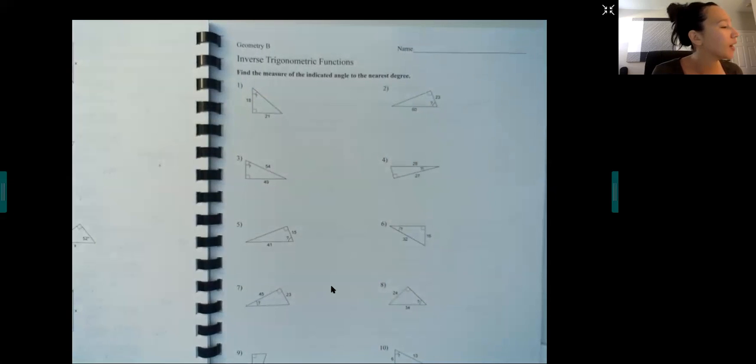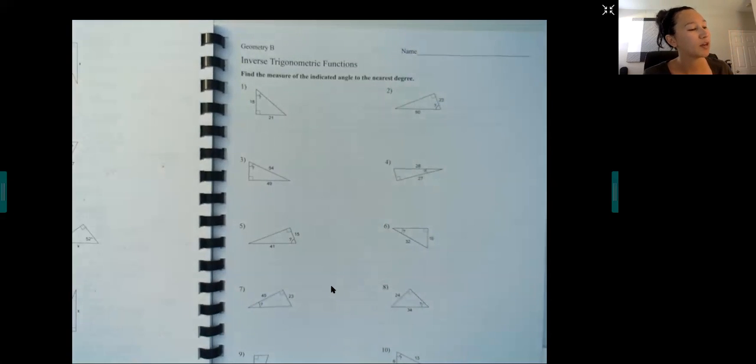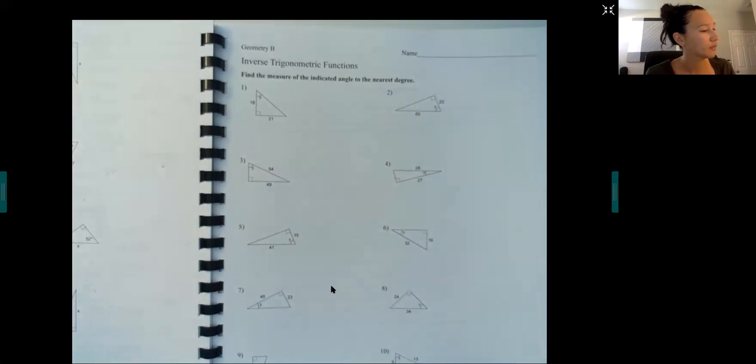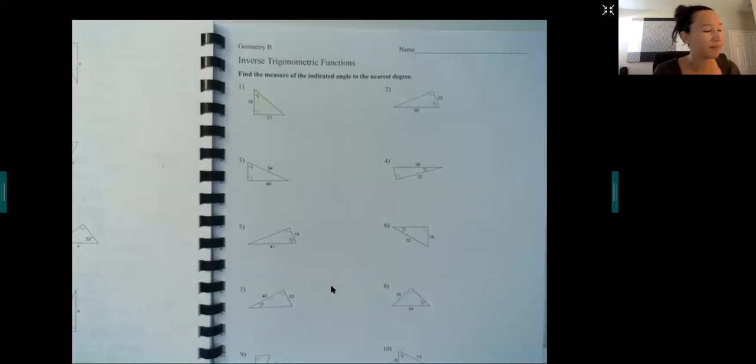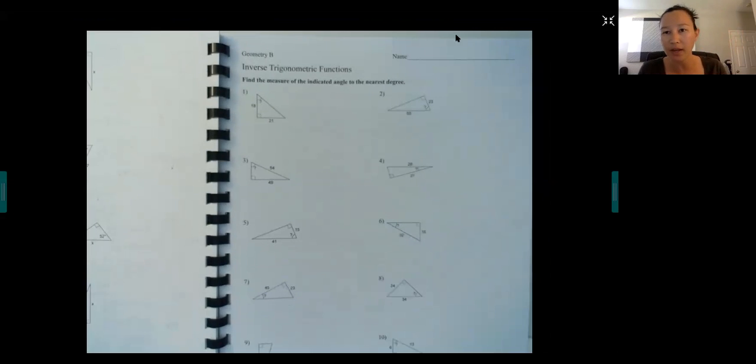Let's save it for our next live session. So don't worry about doing it this week. We'll just push it to next week, and then you'll have to do the checkpoint after. And our Kahoot, we won't be able to do the last 3 problems because I did them on these. So we'll do a 7-question Kahoot really quick and then we'll be done.